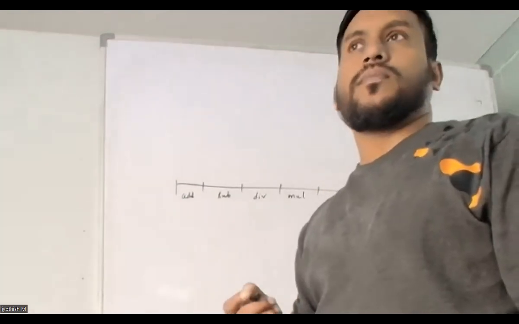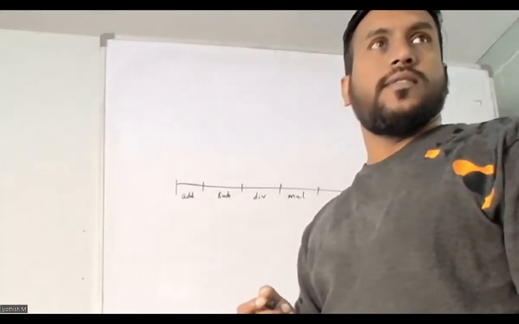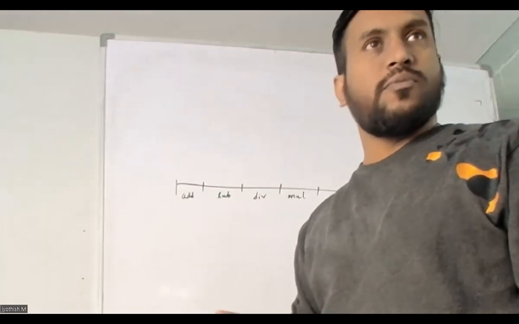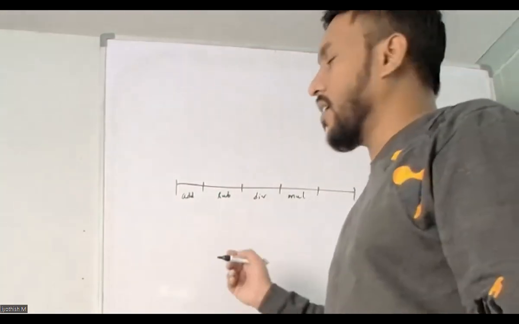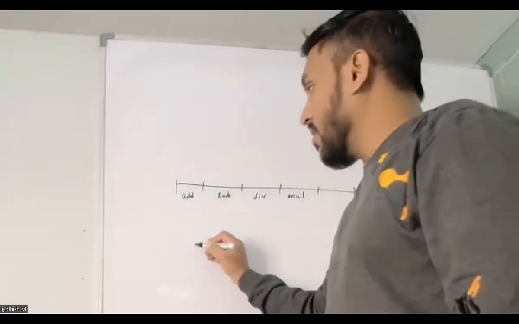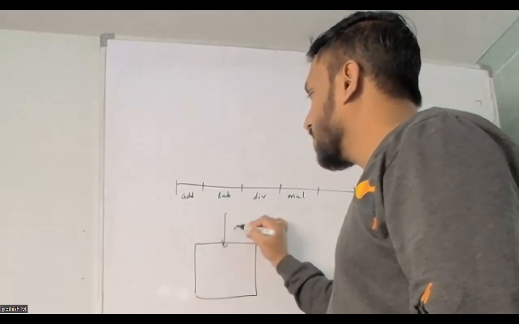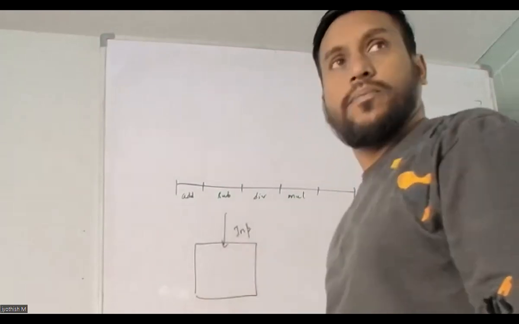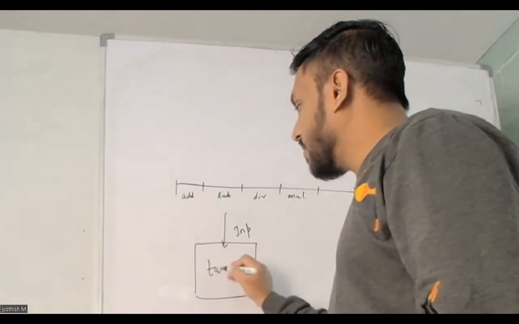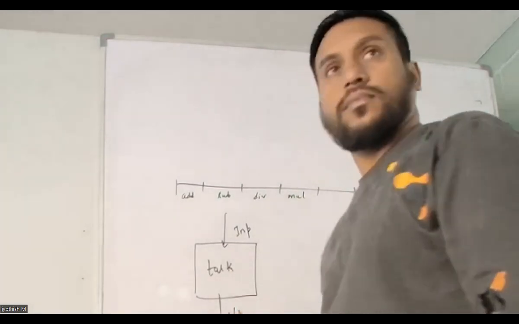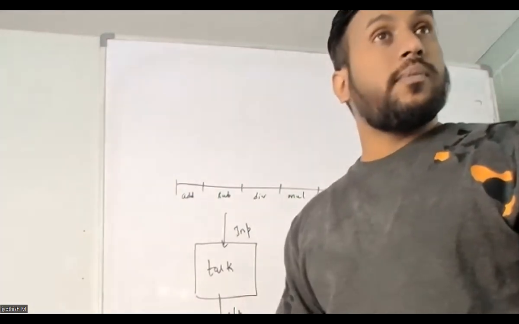How? A calculator takes input, achieves the task and returns the output. In the same way, a method also takes input, achieves the task and returns the output, and it is reusable.